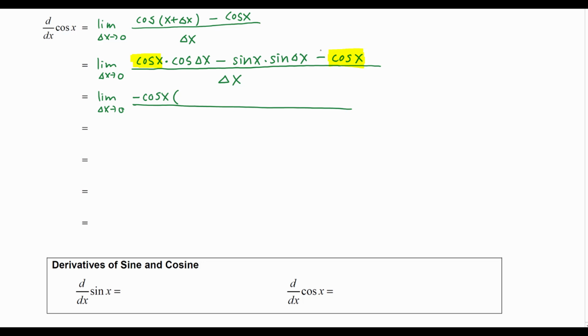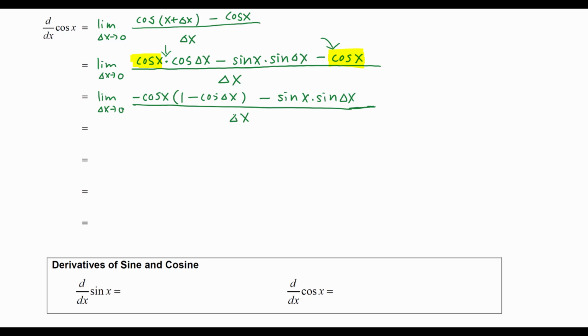And if you factor out negative cosine x from here, you have a 1 minus cosine of delta x, and from this part you get minus sine x times sine delta x, all over delta x. We will split this now.